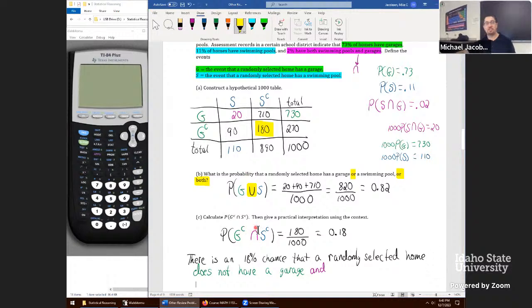So here, if you see the intersection symbol, just use "and." S complement, go to where S is. It's having a swimming pool, so we'll say "and does not have a swimming pool."